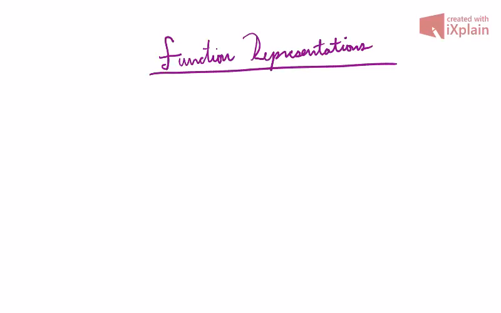So in one of the last videos I talked about functions, and I'm still using purple apparently, but function representations. You have several different things that get utilized across math. You have the basic table of values.